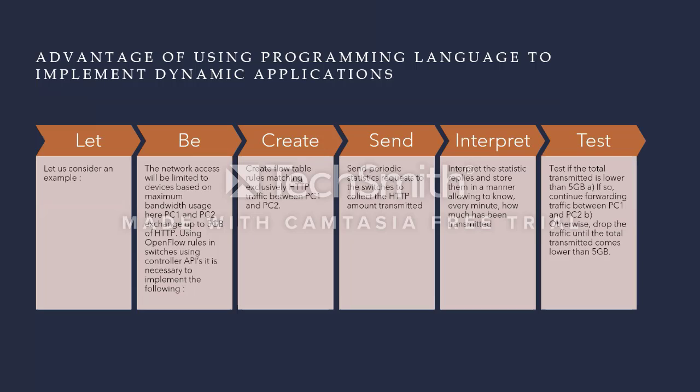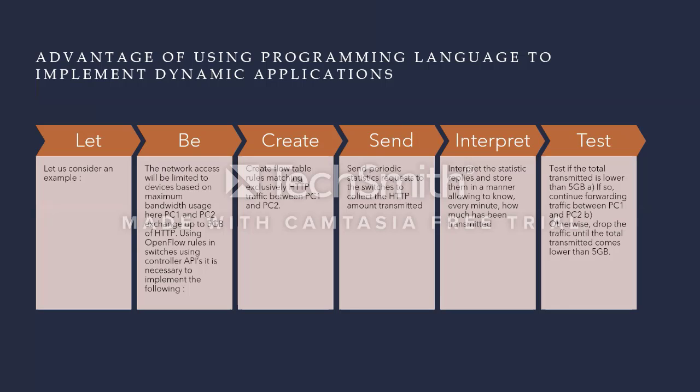Let us consider an example: the network access will be limited to devices based on maximum bandwidth usage. Here, if we consider PC1 and PC2 exchange up to 5 gigabytes of HTTP, then with OpenFlow rules, the switches using controller APIs, it is necessary to implement the following steps.